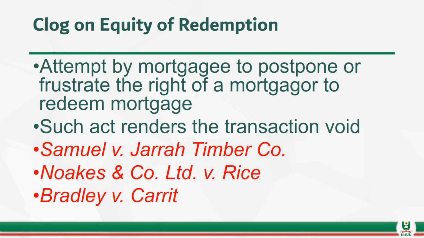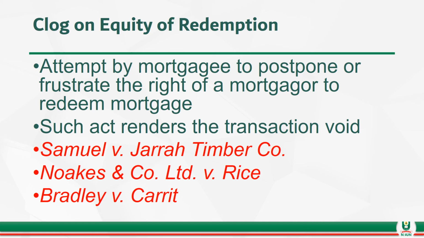You have Noakes v Rice, you have Bradley v Carritt. And of course, I've mentioned the fact that once a mortgage, always a mortgage. So for instance, where a mortgagee enters into a contract that makes him an agent of the mortgagor even after the mortgage has been satisfied, the court will hold it as a clog on the equity of redemption, and any such act will render the mortgage transaction void.